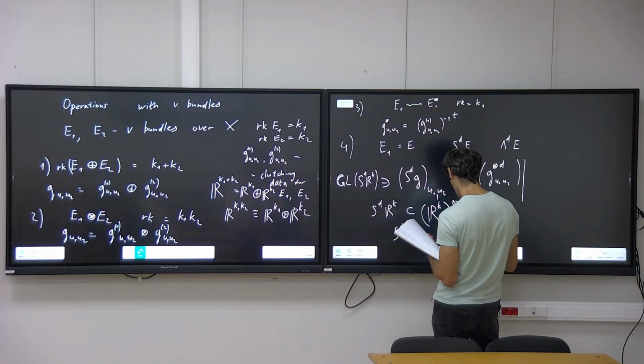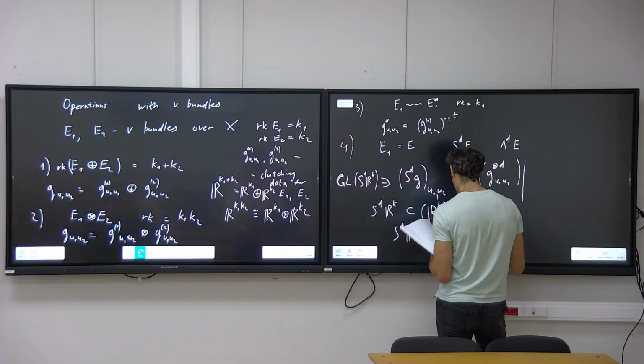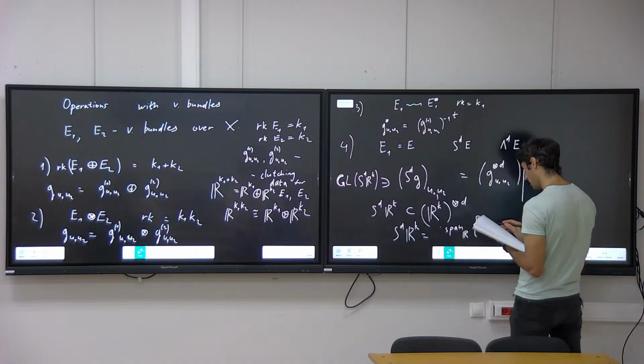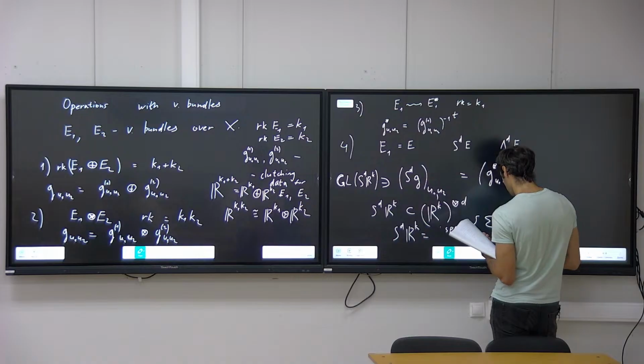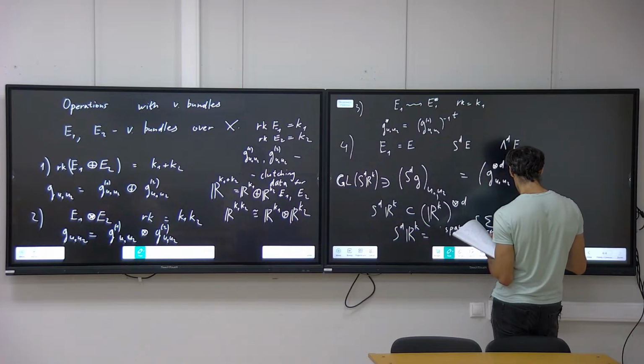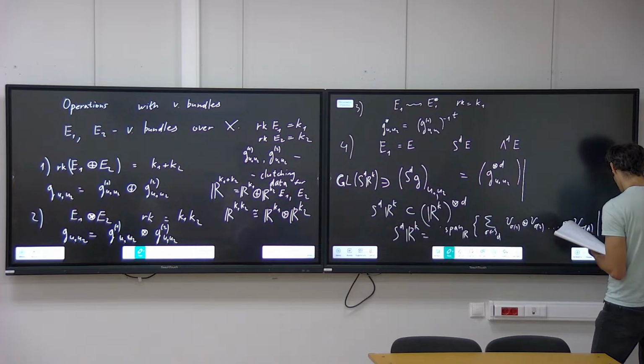So I need to write it like this: span over R of the following things: the sum over sigma in S_D of v_sigma(1) tensor v_sigma(2) and so on up to v_sigma(D), where v1 through vD are inside R^k.